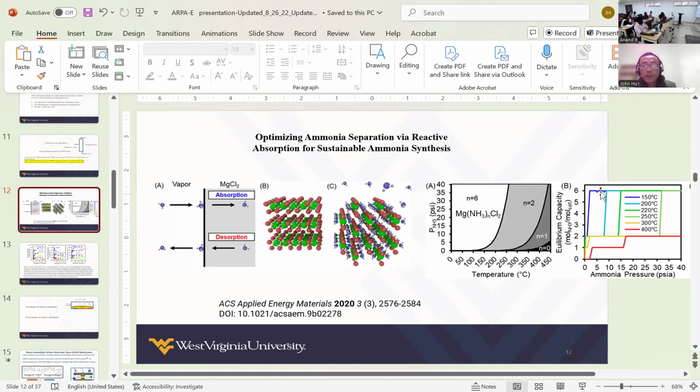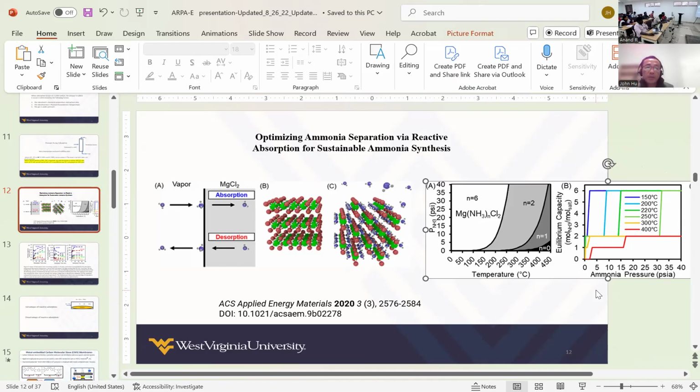So if you look at the data, all we have been talking about adsorption theory works in here. I want you to take a look at, if you see my cursor on the far right-hand side, this is their adsorption data. It's the so-called equilibrium capacity.